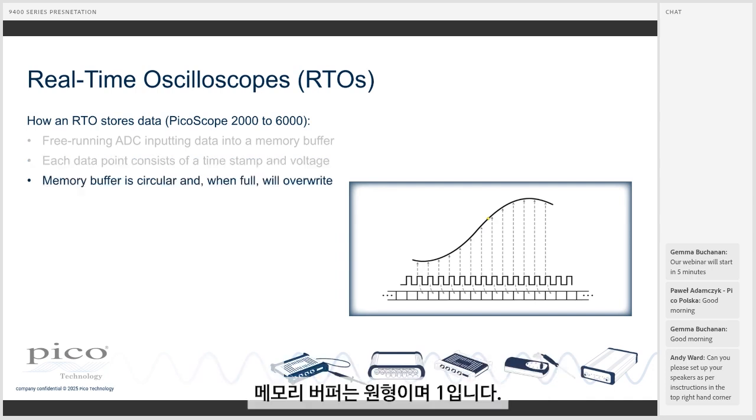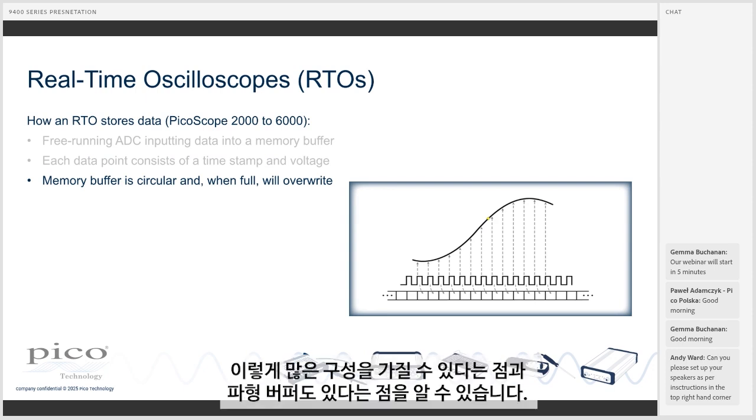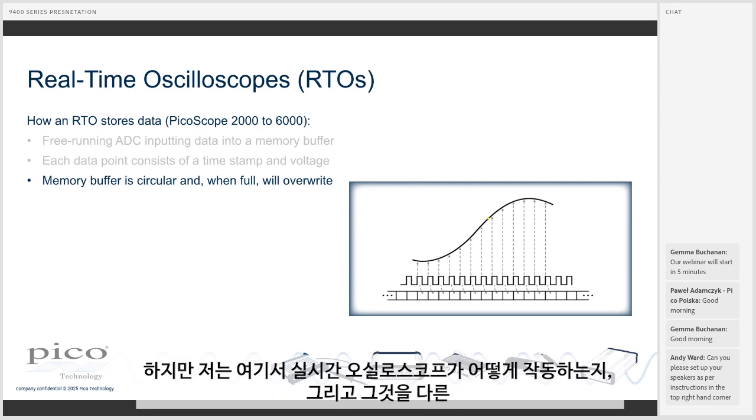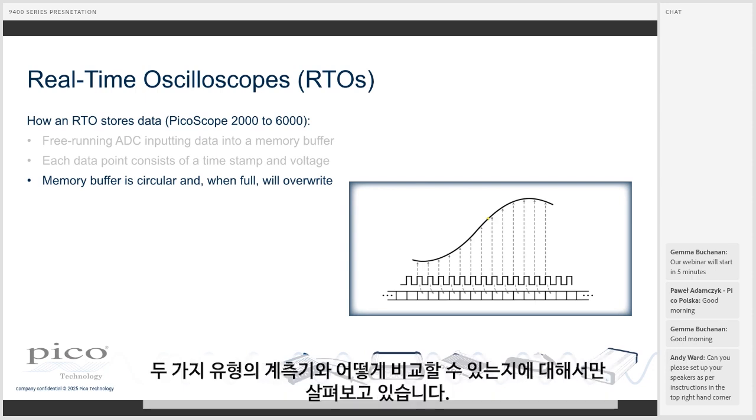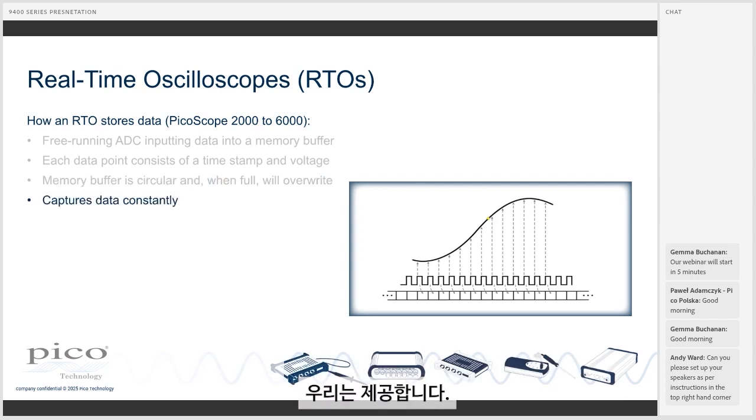The memory buffer is circular, and when full, it overwrites. In PicoScope 7, you'll notice that there are many configurations you can have with that, and we have the waveform buffer as well. But I'm just really looking at how a real-time oscilloscope works here and how we can compare that to the other two types of instruments we offer.